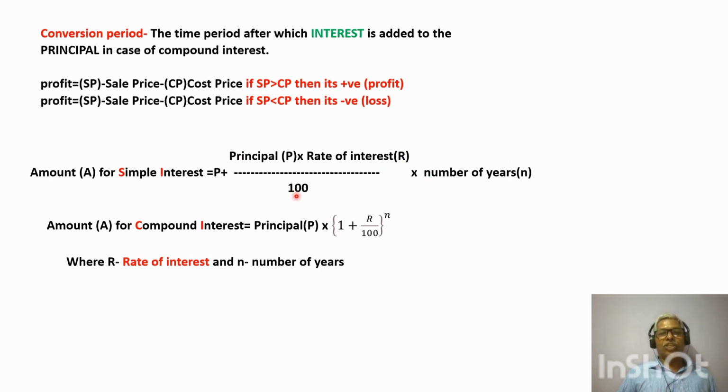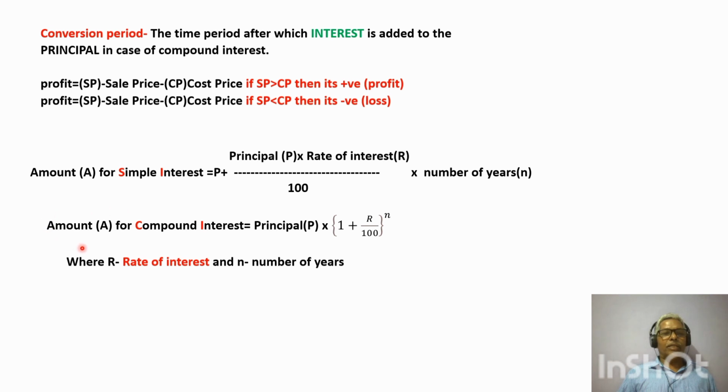Remember it just as it is, and you will definitely remember as you go ahead and try to solve some problems yourself, and you need not remember it again and again if you try to solve the problems. But remember, this is only the interest formula, and when you add principal to it, you get amount A. You will come to know all this as we go ahead. Just remember amount A for simple interest is P plus this interest.